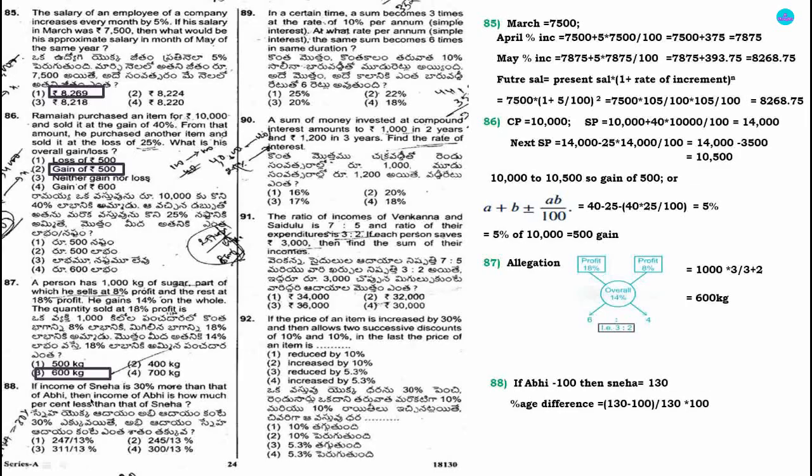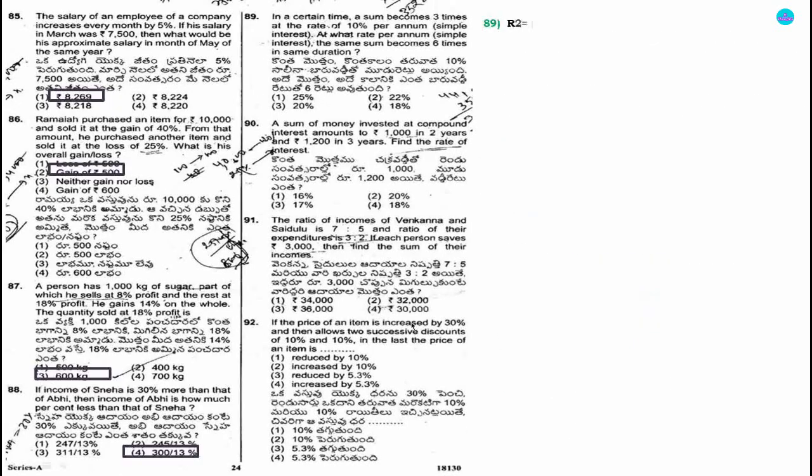Then income of Abhi is how much percent less than that of Sneha? So we have to find the percentage difference. So 130 minus 100 by 130, because we are considering from the side of Sneha, that's why we put 130. 130 minus 100 by 130 into 100, so you'll get 300 by 13%, that is option 4.